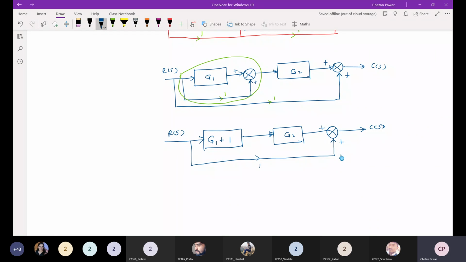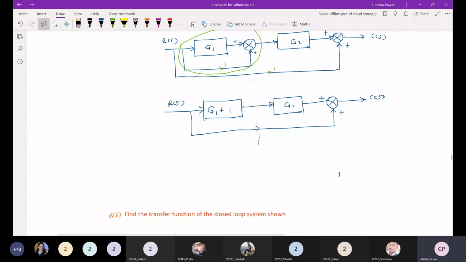अभी बताओ ट्रांसफर फंक्शन क्या आएगा? सर कैस्केडेड है ना अभी इनपुट. These two blocks are cascaded now, right? Yes. So what we will do in S domain to find out the equivalent gain?